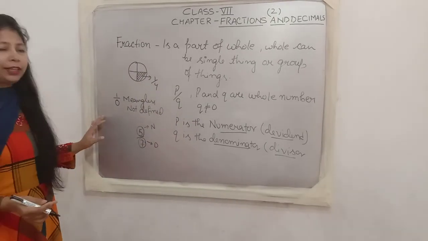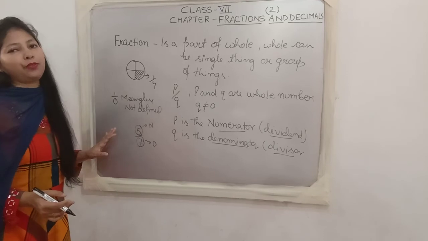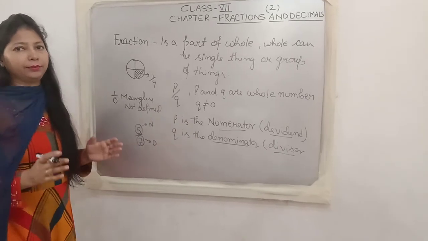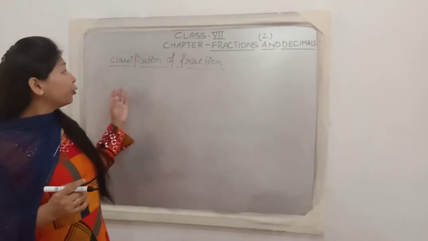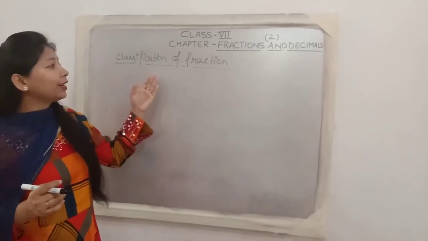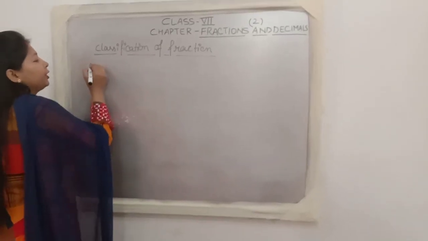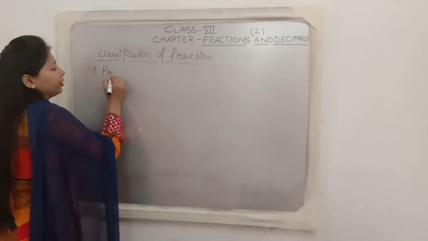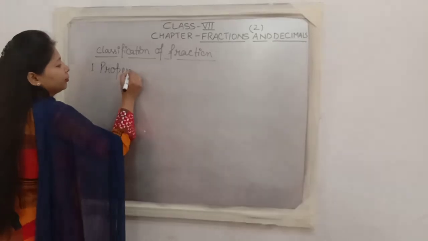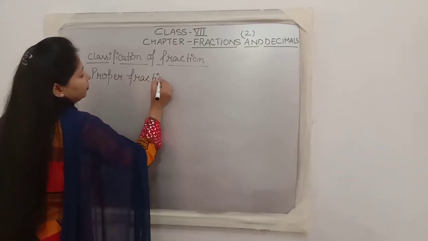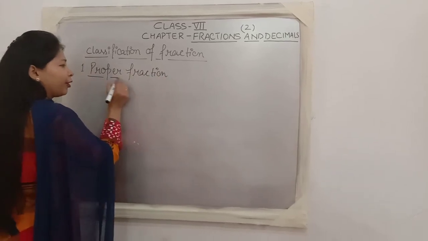Now the next part is we are going to classify fractions. What is the classification of fractions? Now students, moving towards the classification of fractions. First is proper fraction. Now what is a proper fraction?